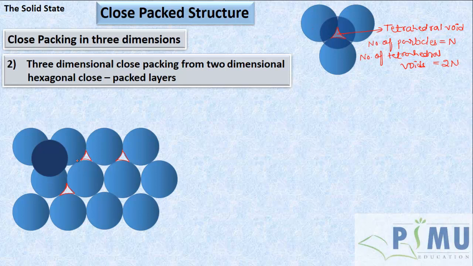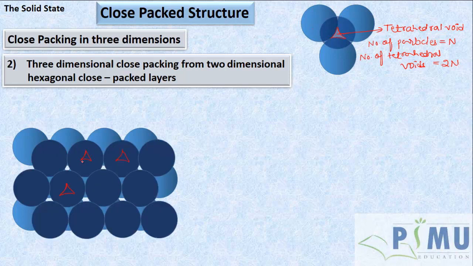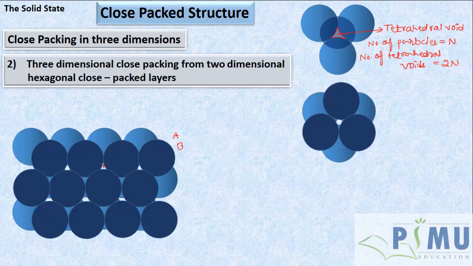Now let us place the particles in this second layer. When we place these particles in the second layer, it looks like this. Suppose the arrangement of the first layer is A, then the second layer is different from the first layer, right? Therefore, can we denote this as B? When we arrange like this, see, this arrangement creates a space here, correct? Or we can say a void, and this type of void is called an octahedral void.